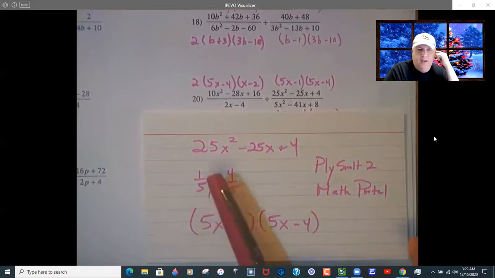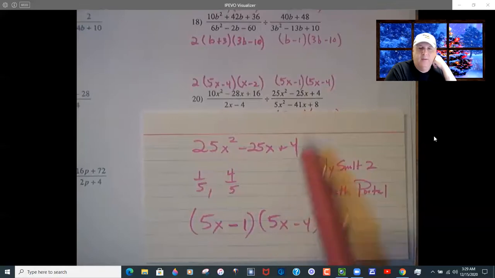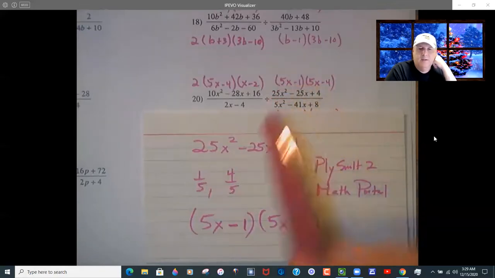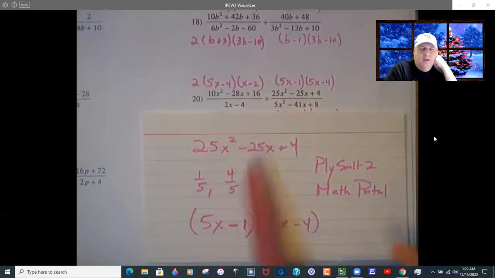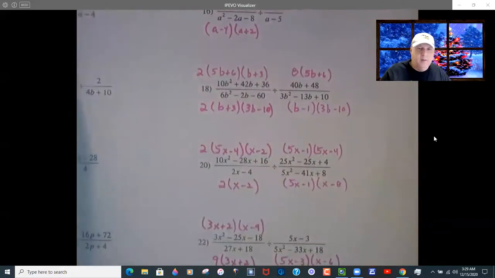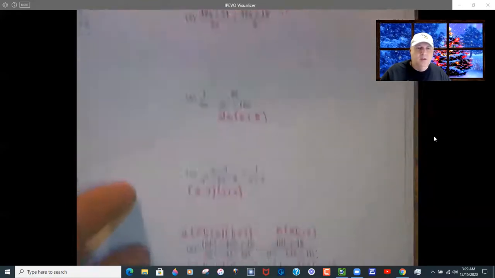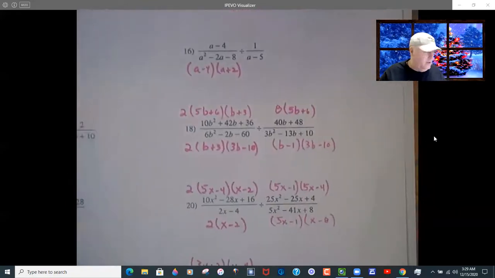So 5x minus 1 times 5x minus 4. And then do a double check for a common factor, which there's not one, because 5x times 5x gives you the 25x squared. Same thing on all pieces, especially starting this whole second page, there's some factoring to do. And that has to be done correctly before you proceed in what you're going to do with this.